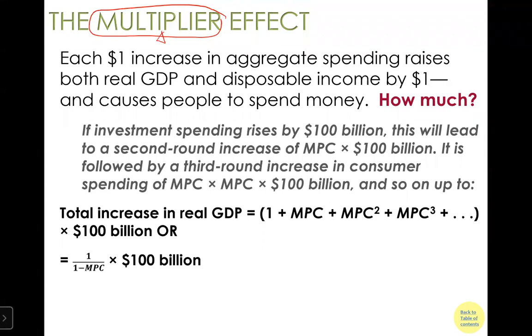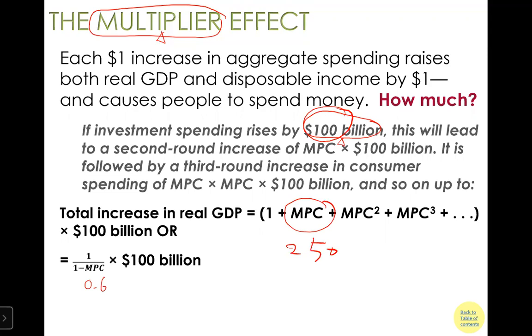As we can see, if we have initial spending of 100 billion, the aggregate impact on the economy is more than 100 billion, depending on your MPC. In this case, if MPC is 0.6, the total impact on the economy is going to be 250 billion instead of 100 billion.